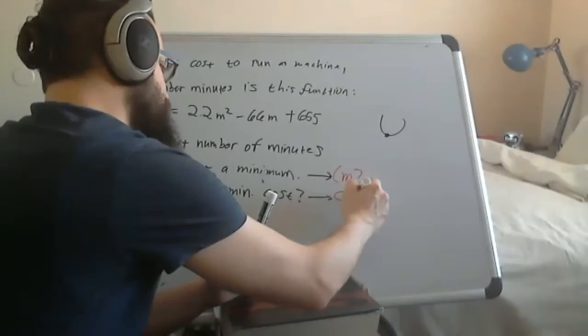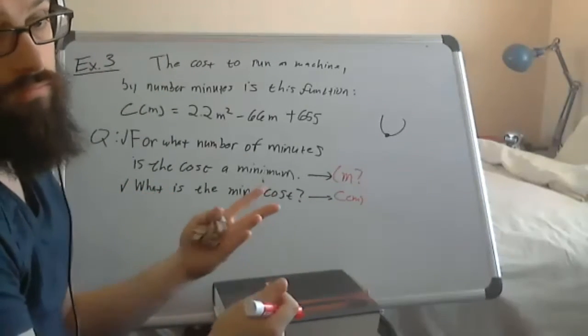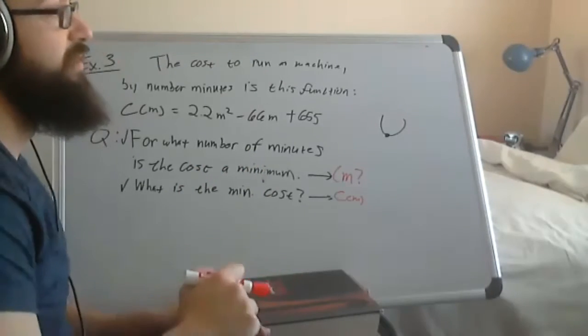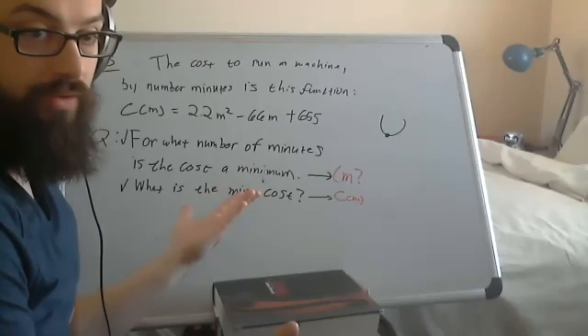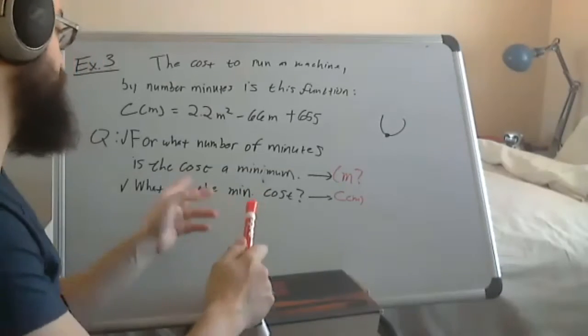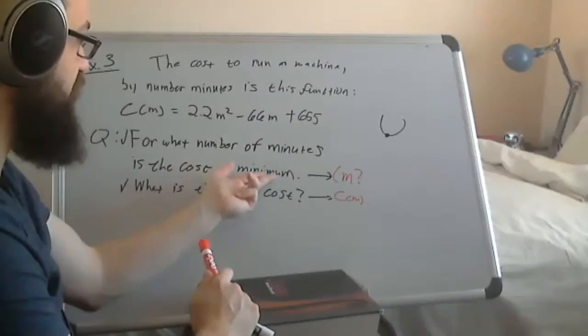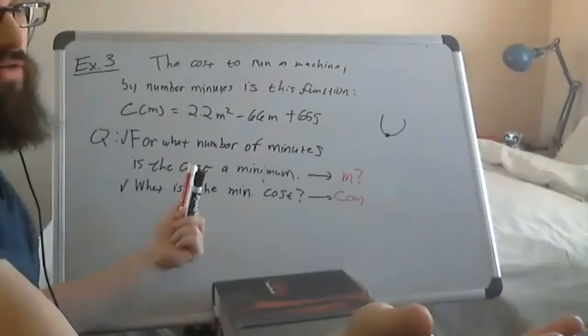Now, really, here's the idea with these word problems. If you know what you're doing, then we're basically on our way to being done. Because here's our function, and we want to find the minimum minutes.